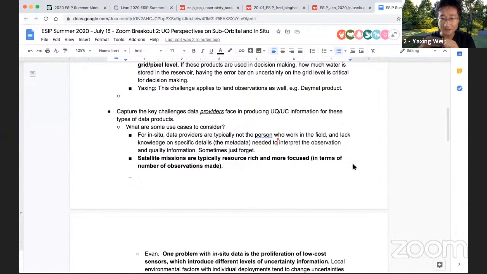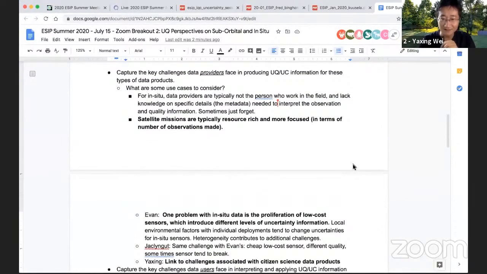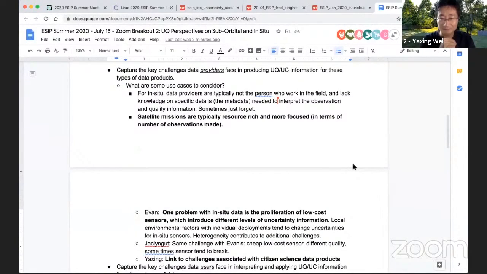So the second objective, key challenges faced by data providers. We had a lot of discussions on this, and I think we agree that compared with satellite missions, which are typically resource-rich and more focused in terms of the number of observations made, suborbital and in-situ observations are typically much more broad and contain many instruments and many types of observations.